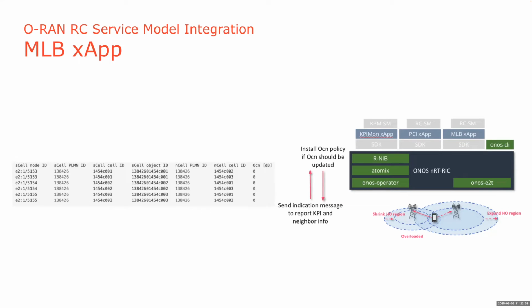We can, of course, configure it, but normally by default it works every 10 seconds or 1 minute. At every period, the MLB-X application checks which cell is overloaded, and it can shrink or expand the handover region. And if it's possible, then the PCI-X application sets up the policy to the target GNodeBs.